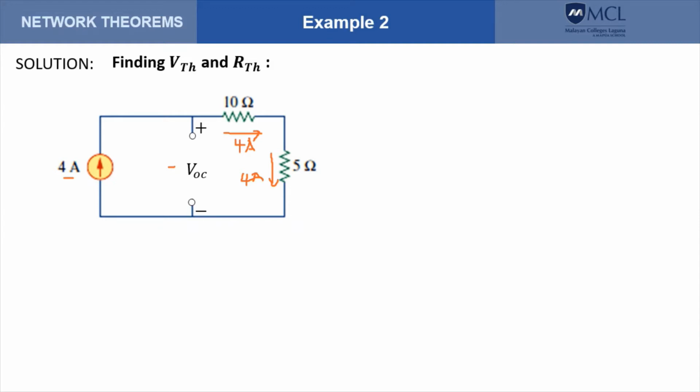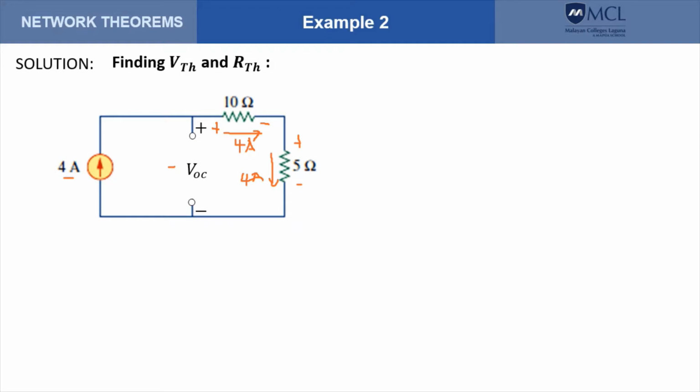Now, based on the direction of the currents through the resistances, the polarity must be positive here for the 10 ohms and negative here, and for the 5 ohms it is like this. Okay, so now that we have the currents and the polarities of the voltages across those resistances, we can now write the equation for the loop that we have chosen, and that involves the voltage VOC.